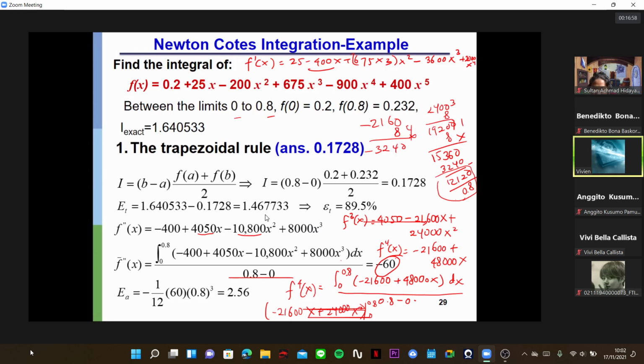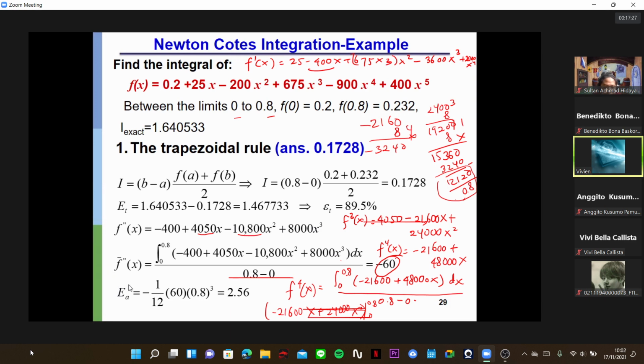So in that case, we can approximate the error with this value, which will be minus 1/12 times the average of the second derivatives multiplied by (b minus a) to the power of 3. So this is an approximation for the error.